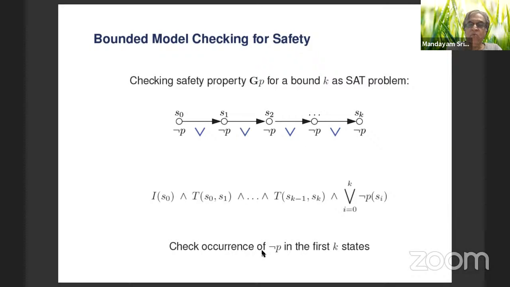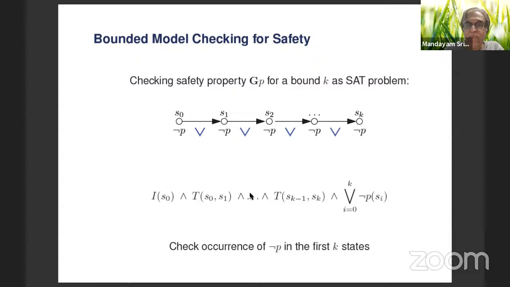Of course, this one is not in CNF, but I'm assuming that you generate this formula and then ship it off to a SAT solver. So, do you understand?